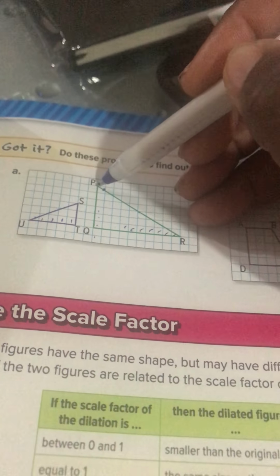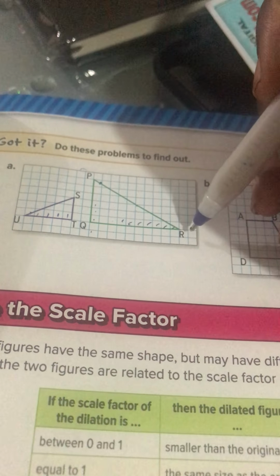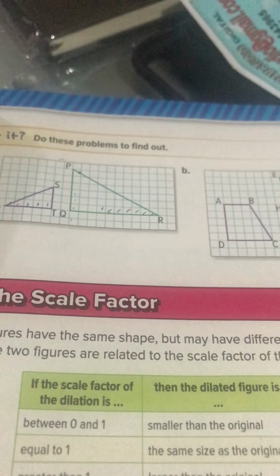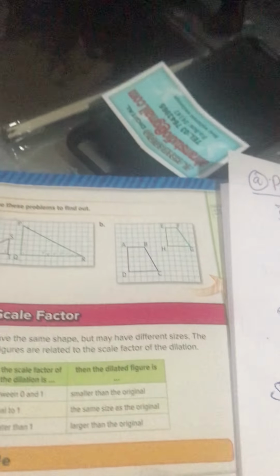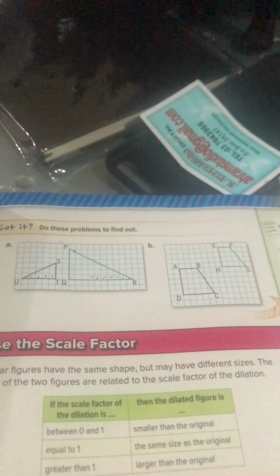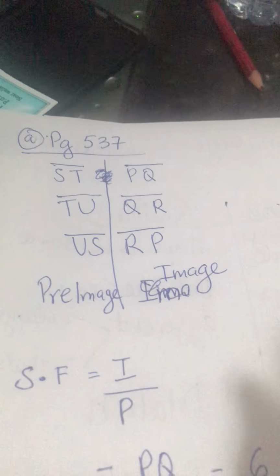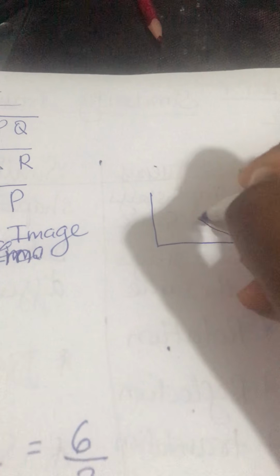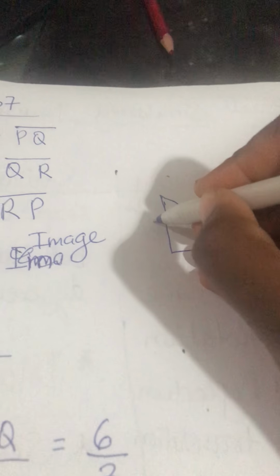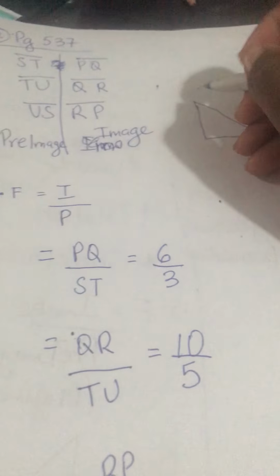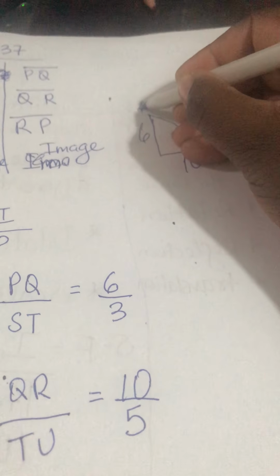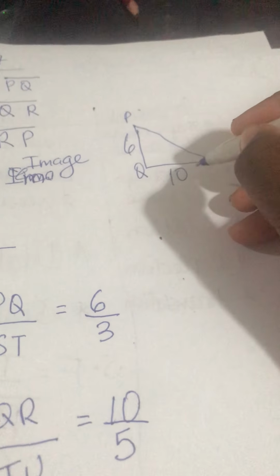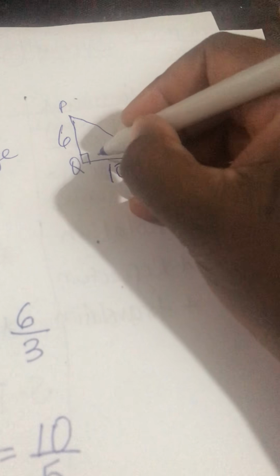This is a diagonal line. Since this is not a graph, I have to do Pythagorean theorem. Okay? To find PR. So this is PQ is how much? 6. And this is 10. PQR. Put 90 degree here.